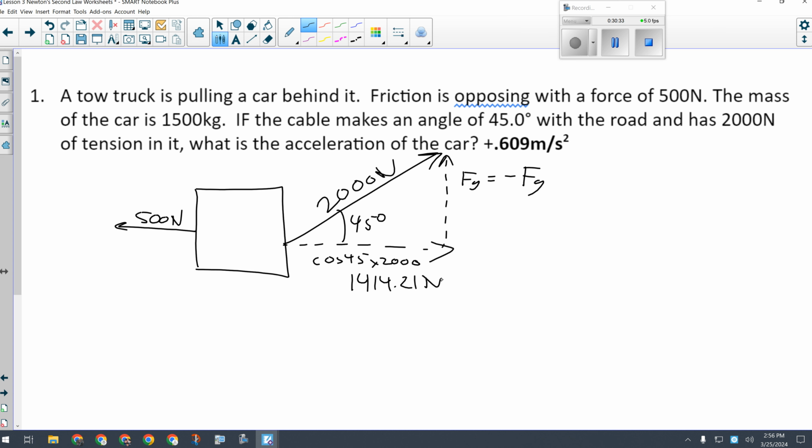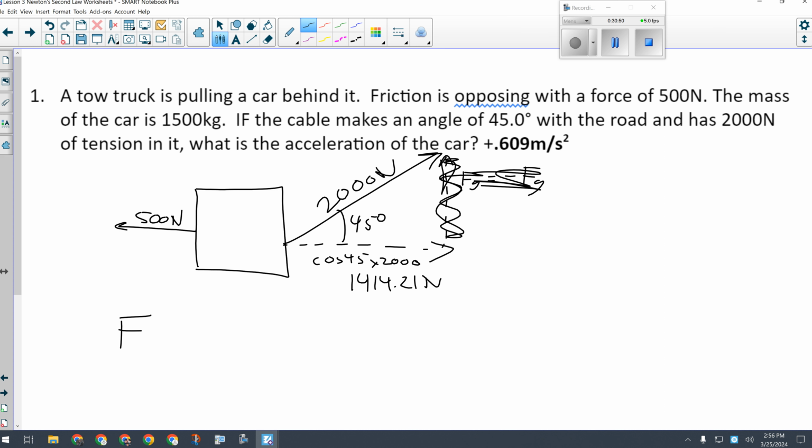Okay, can I now calculate the net force acting on this truck? I can. Vector sum of all forces. The vertical component of this I've already established cancels off with gravity. Truck or car isn't moving vertically.